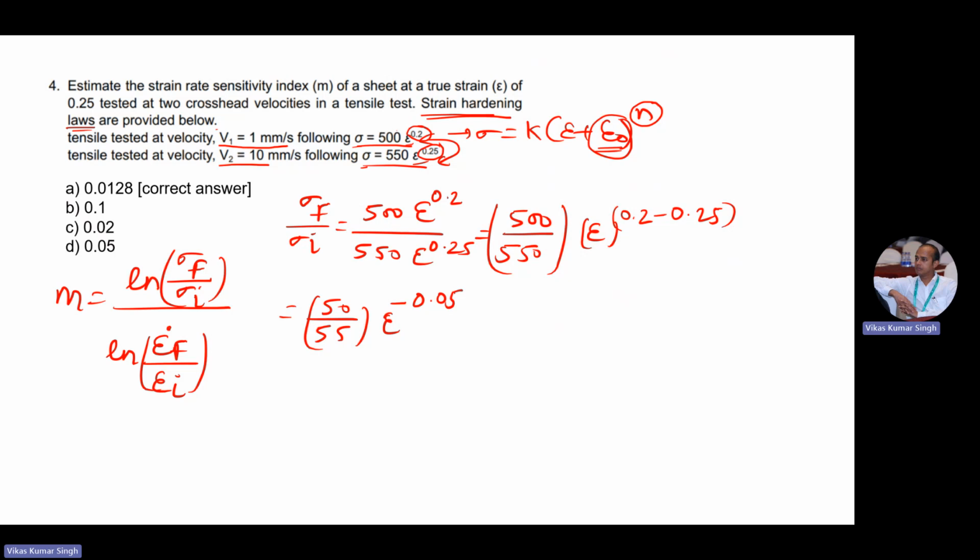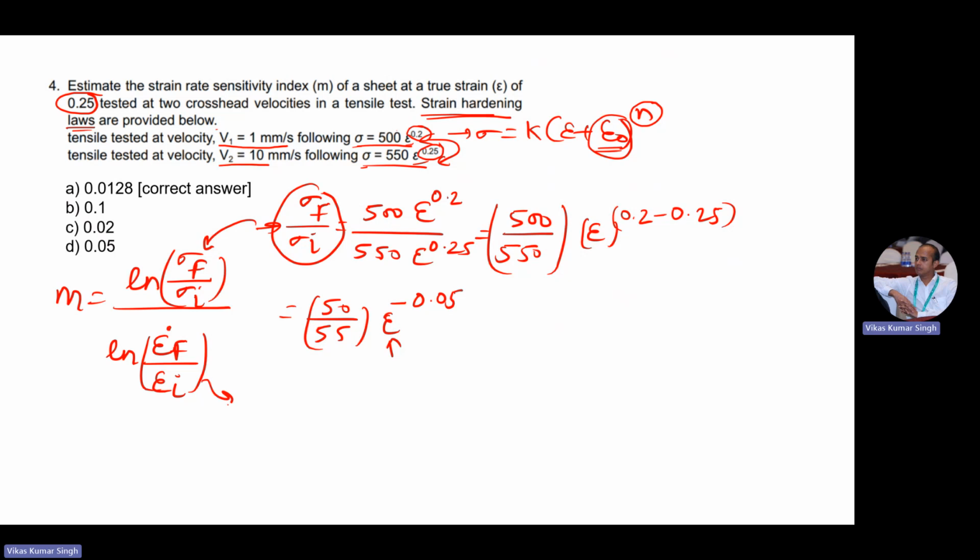Okay, minus 0.05. So this we can get. Now from where we'll get the epsilon here? So epsilon is already given in the question, 0.025. So you can put it directly here and you will get this ratio. And once you get this ratio, you can put it here directly.